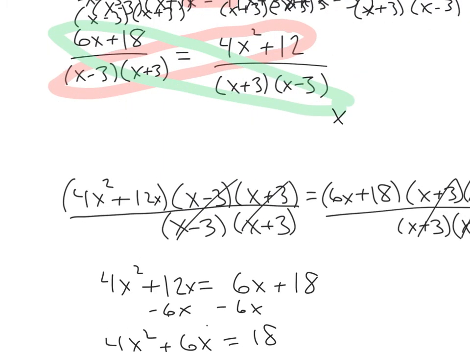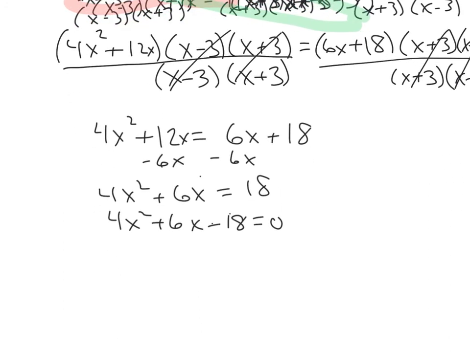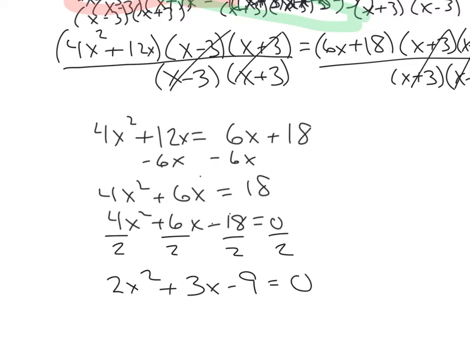We have the ability to go ahead and do some factoring here because these have 3 terms, and we can do the AC method. Now, before I do the AC method, I could divide everything by a 2 to make my life a little bit easier. And that's going to give me a 2x squared plus 3x, and then, of course, a minus 9 is equal to 0.